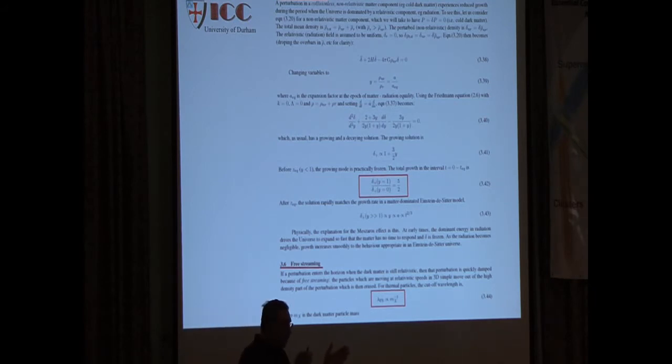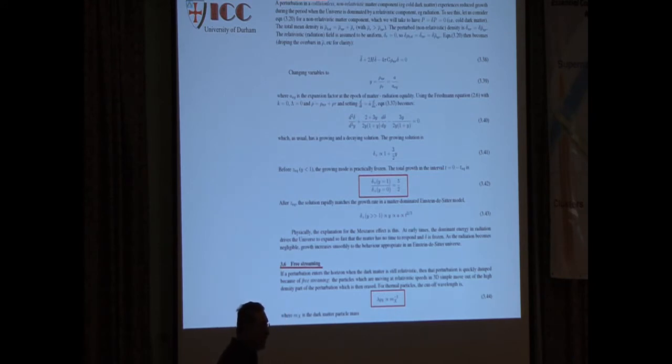And when this perturbation comes inside the horizon, then the radiation very quickly becomes uniform, and the perturbation in the dark matter suddenly realizes that it's now been left alone. The radiation smoothed out, and so that stifles the growth of this perturbation in the cold dark matter. That's called the Meszaros effect.